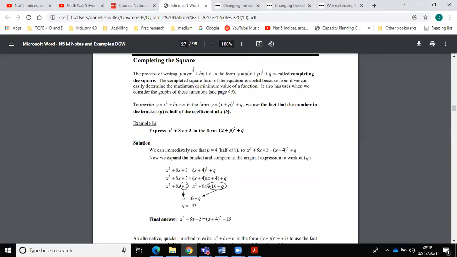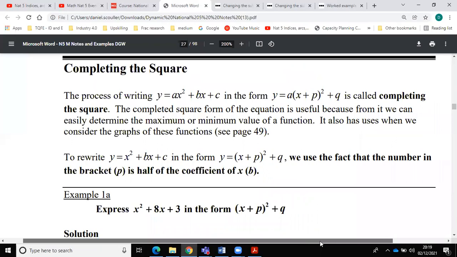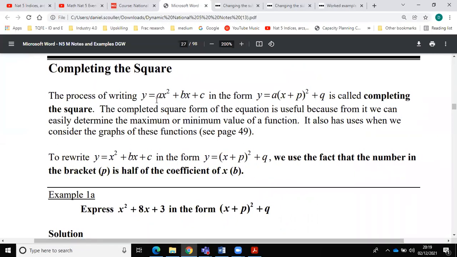So completing the square, let's zoom in a wee bit. The process of writing that trinomial, so we recognise that form, y equals a(x plus p) bracket squared plus q.